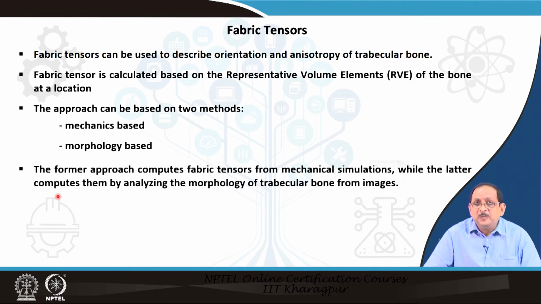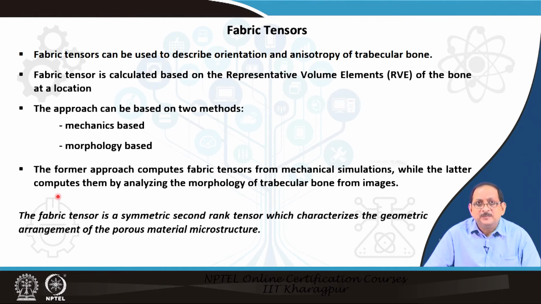The mechanics based approach computes the fabric tensor from mechanical simulations, while the latter computes it by analyzing the morphology of trabecular bone from high resolution images. The fabric tensor is a symmetric second rank tensor which characterizes the geometric arrangement of the porous material microstructure.